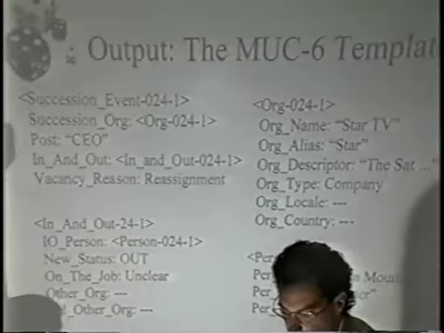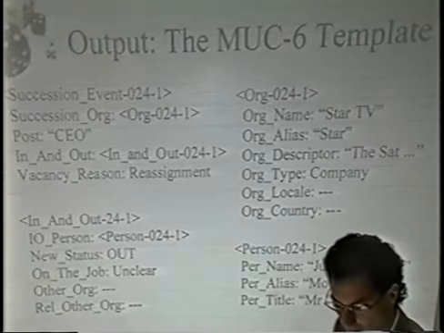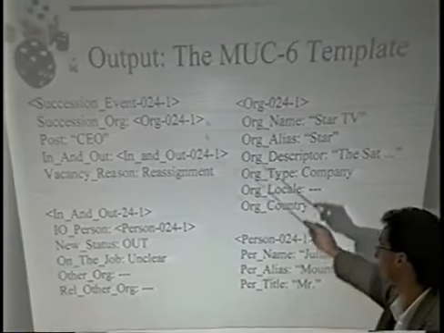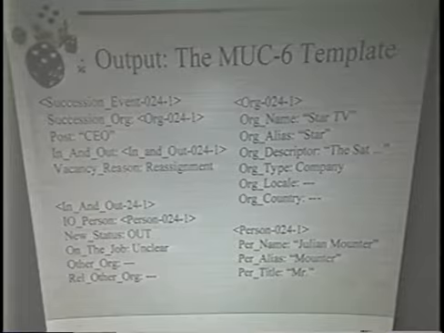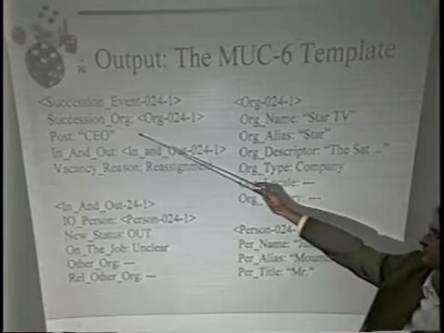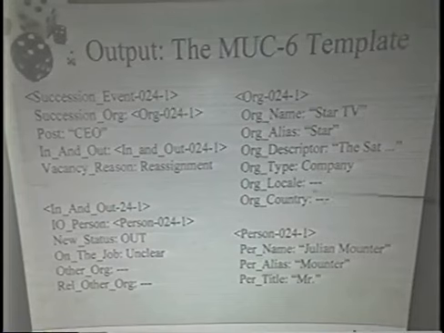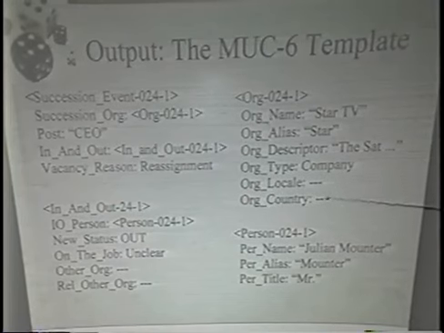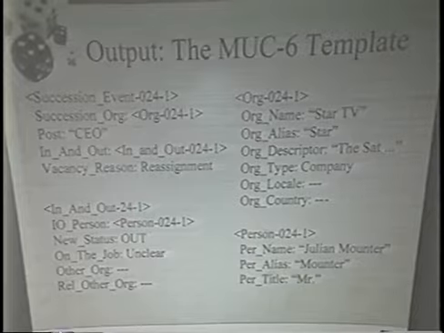The output representation for the MUC looks like this. It's essentially a hierarchical template structure. So a succession event is a top-level representation for an event. There's three kinds of fills that you have in these slots. You have pointer fills, like the succession organization, which essentially just have an ID for another template, which has its own set of slots.